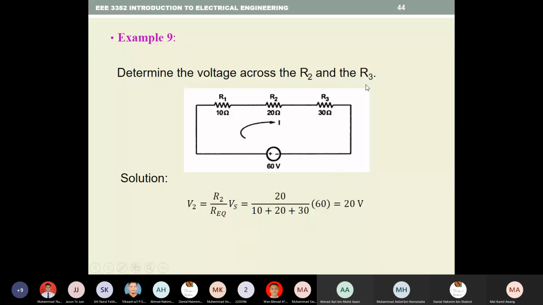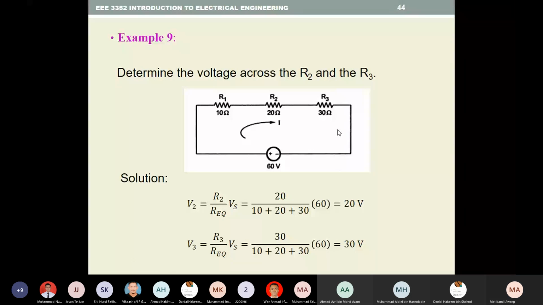For the voltage across R3, V3 is equal to R3 divided by R equivalent times Vs. So R3 is 30, divided by R equivalent which is 60, times 60. So therefore, V3 is equal to 30 volts.